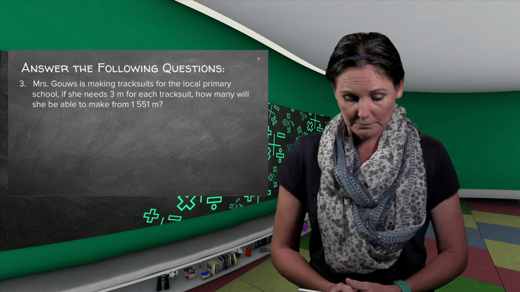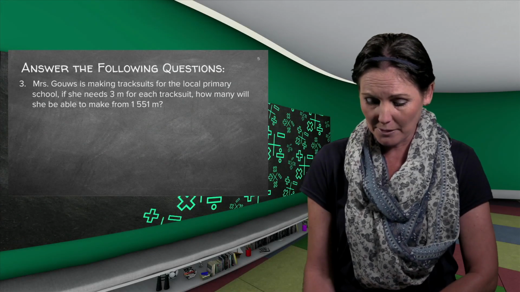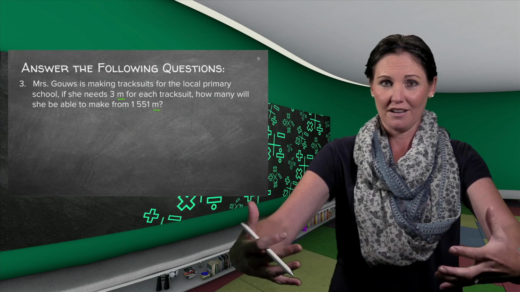The next question. Mrs. Gous is making tracksuits for the local primary school. If she needs 3 meters for each tracksuit, how many will she be able to make from 1,551 meters? Now, very important, the units need to be the same. Both are meters. But now I've got so many.